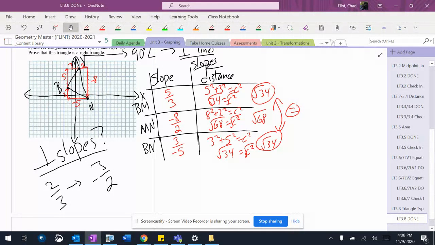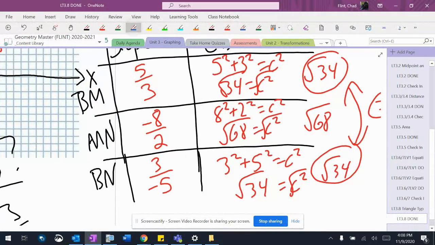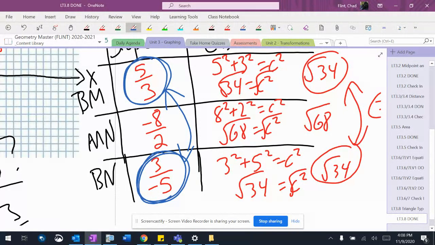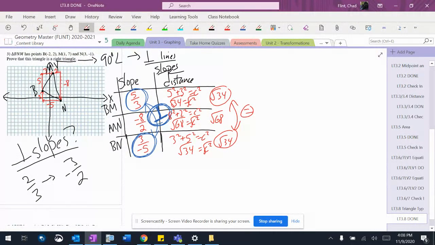So what I want to do is look at these slopes and see if that happens between two of them. And if you look at this one, and then you look at this one, all right, those slopes right there are definitely flipped over, and they are also definitely opposite signs. So those two slopes form perpendicular lines. That means this is a right triangle.